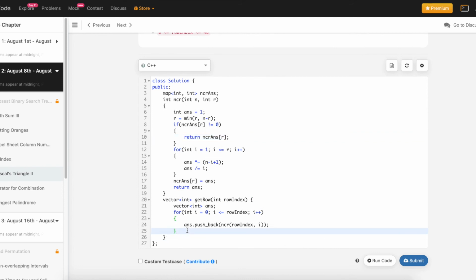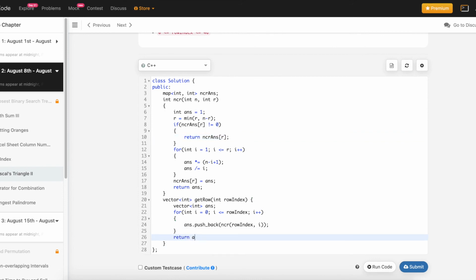Then I can just return our vector. And I think that this should work.